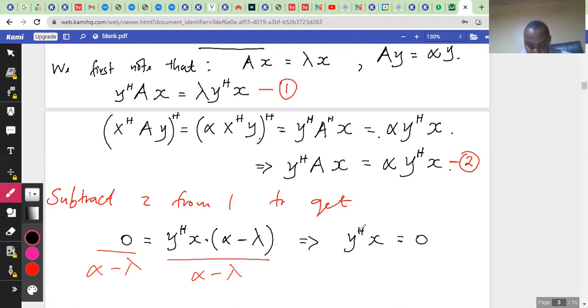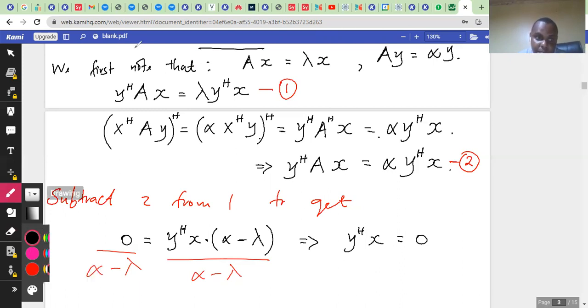They wanted us to show that XH multiplied by Y is going to be 0. But we have YH times X equals 0. We just need to take a Hermitian of this multiplication and we'll have XH times Y. So YHX equals 0.